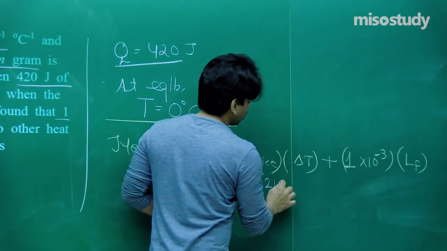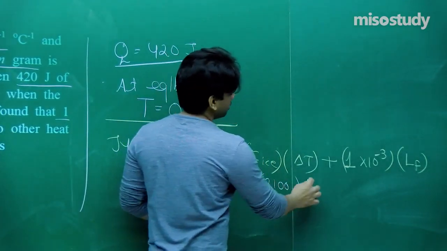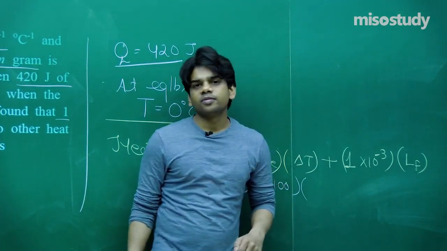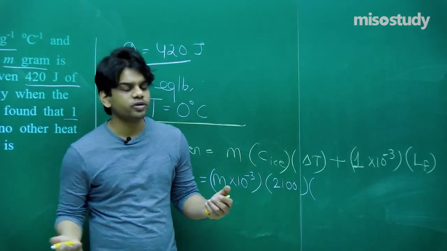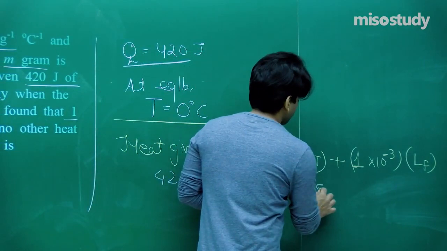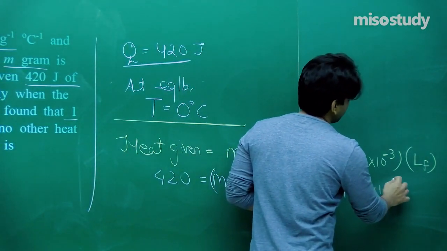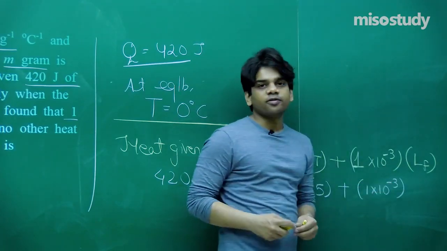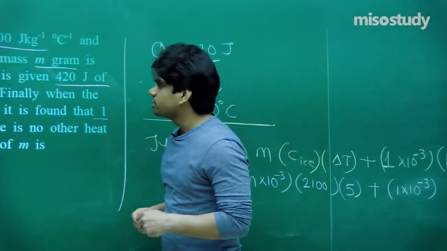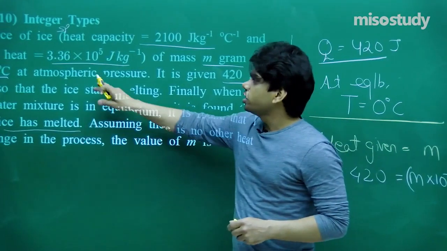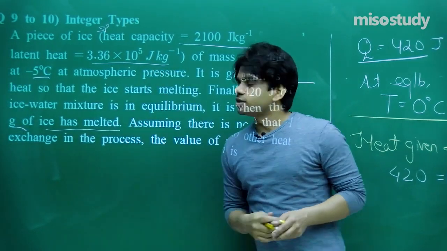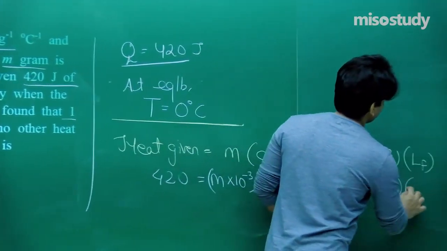So put it here 2100 with proper SI units. Delta T, the change in temperature from -5 to 0, will be 5, plus 1 into 10 to the power -3 multiplied with L_F, the latent heat of fusion of ice, given as 3.36 into 10 to the power 5 in standard units.